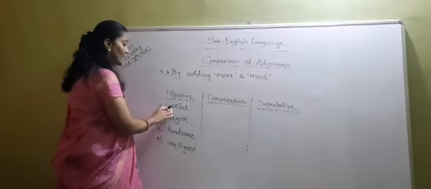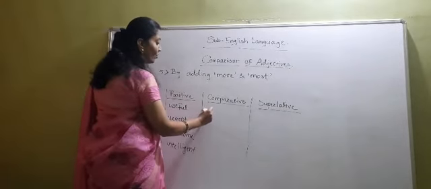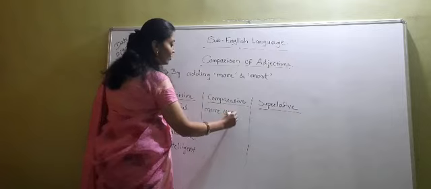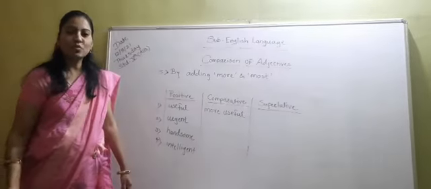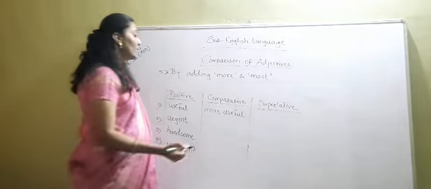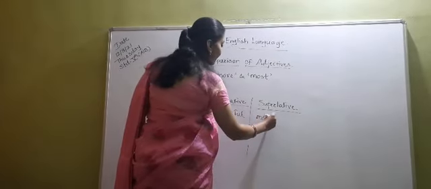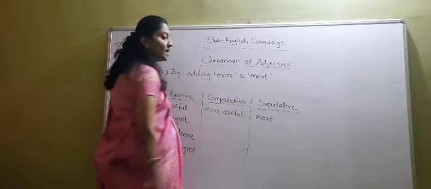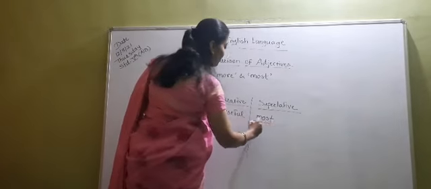So if the spelling is useful, then you have to write here more useful. What you will write here? More useful. And if you want to form superlative degree, only you have to add most before the adjective. More useful. In superlative degree, you will use most useful.